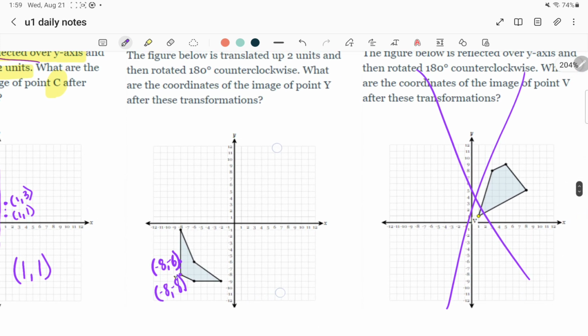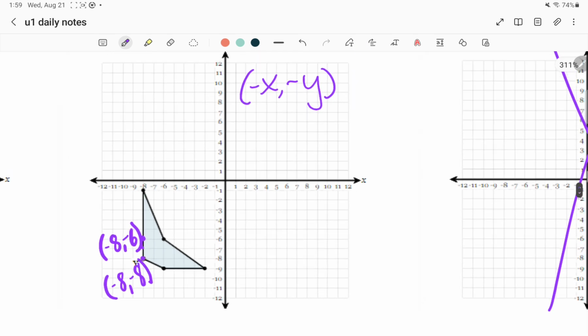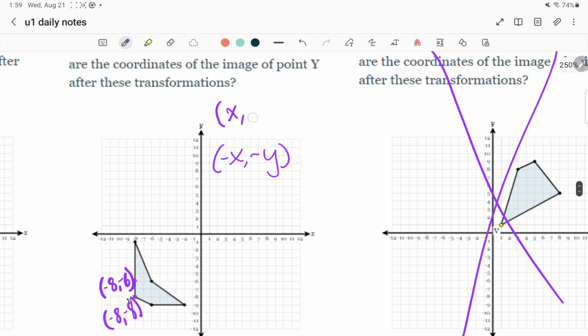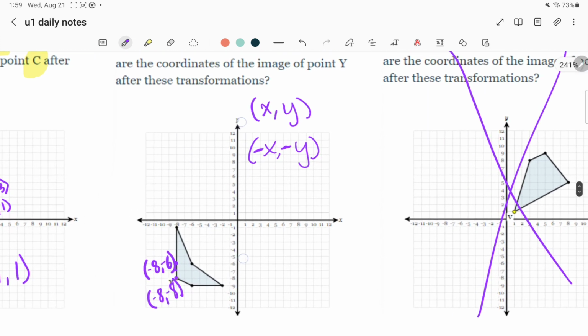And then if we remember from last class, well, if we don't, my rule for rotating 180 degrees looks like this. So my original ordered pair is always x, y. What I'm saying is I'm changing the sign on x and y. That's how I'm going to rotate 180 degrees.